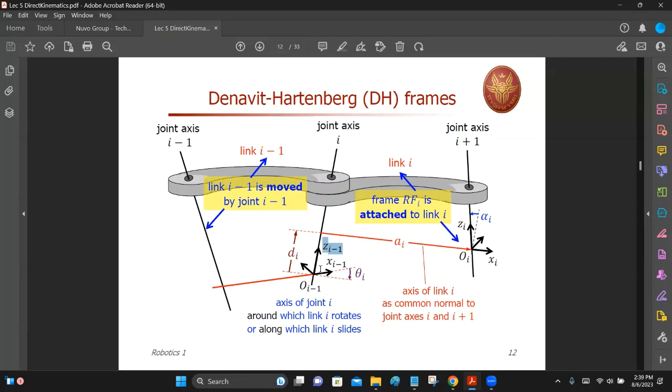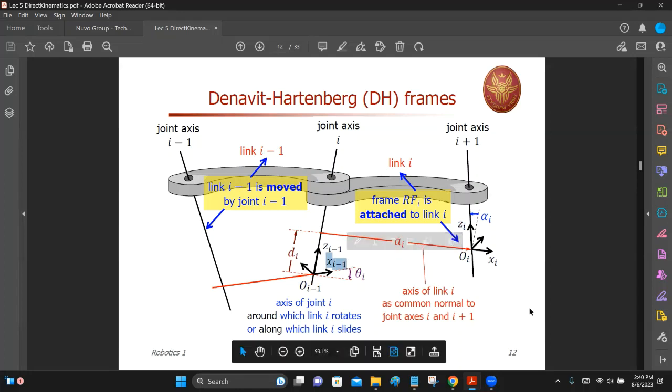So at the end of the link I minus 1, you have joint I, but do not get it confused with z I. In fact, it is z I minus 1. Okay. So there's no easy way out rather than remembering it that way. And the extended common perpendicular is x I minus 1. So that's all what you need to know.